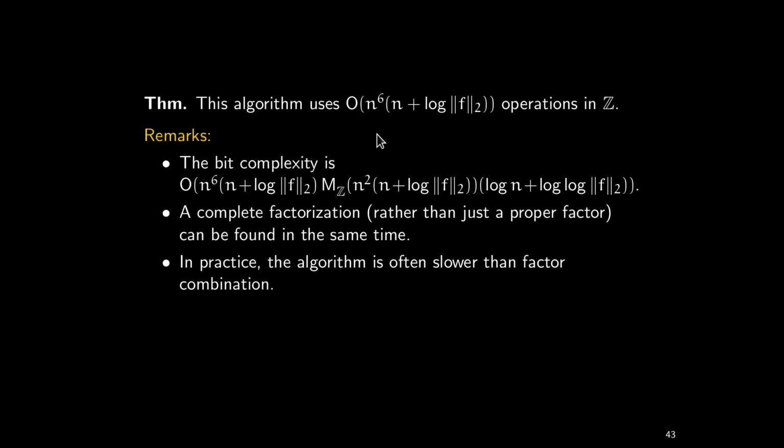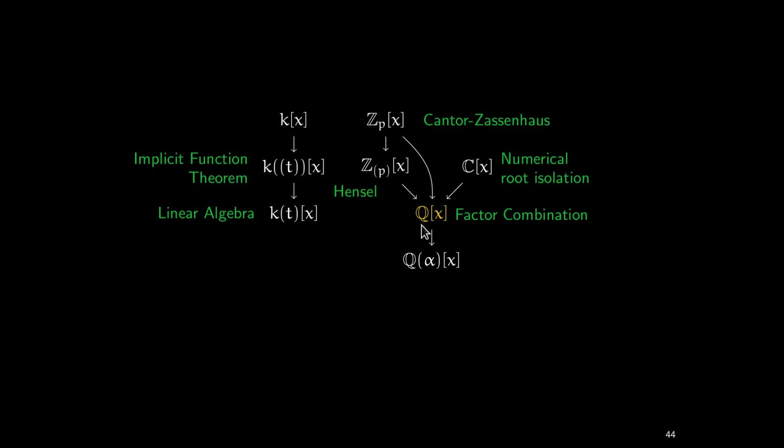Unfortunately, this algorithm, even though it's faster than the factor combination in theory, in practice it's often slower than factor combination. And so this means that the story is still not over. Factorization in Q[x], we can do it with LLL, but somehow that's really just a theoretical result.